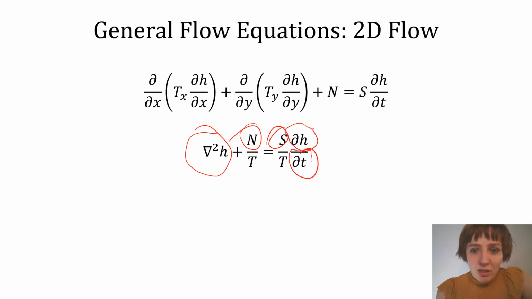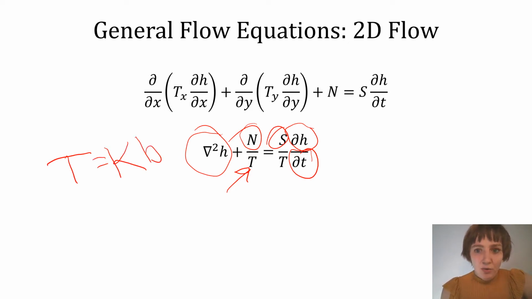And then, of course, this all also depends on the transmissivity of the medium, which is physically just the same thing as hydraulic conductivity. Just remembering that T, transmissivity, equals conductivity times the thickness of the aquifer.